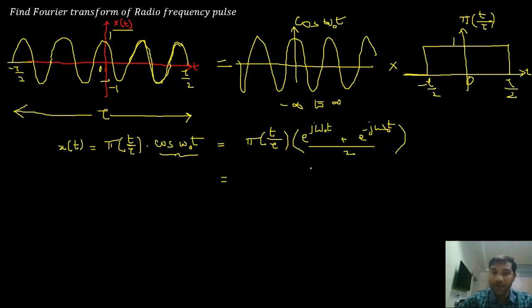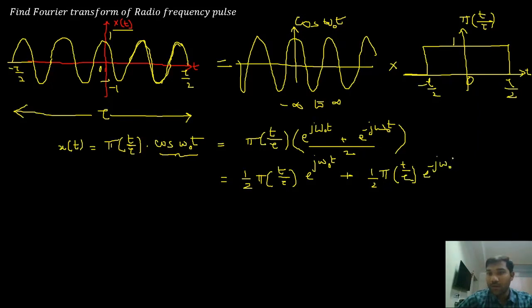I will separate the terms. So pi of t by tau into, here I have a constant of 1 by 2, into e power j omega naught t, plus again the constant 1 by 2, pi of t by tau into e power minus j omega naught t.